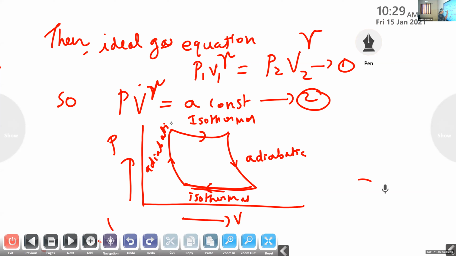So the isothermal process and the adiabatic process of an ideal gas, which you are learning separately, are all included in one single process: isothermal, adiabatic, isothermal, adiabatic. The first isothermal and adiabatic represent expansion. The second isothermal and adiabatic represent compression. So it's a cyclic process.